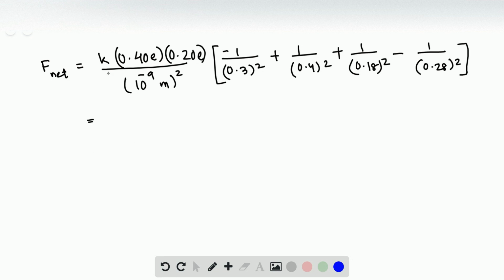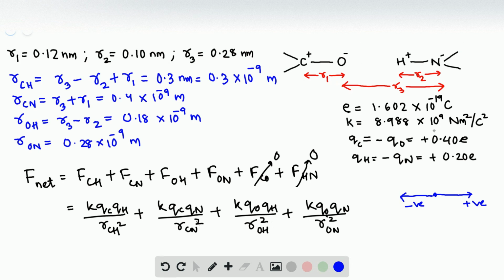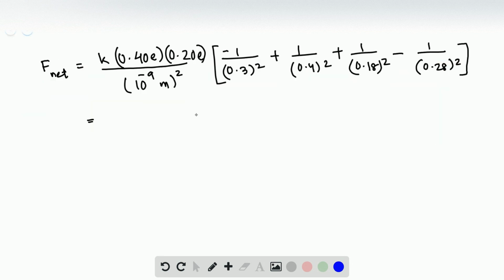And we know the value of the Coulomb constant, we know the value of the charge on one electron, and I have written them down here. So this equation then gives me my F net to be 2.445 positive times 10 to the power minus 10 Newton.